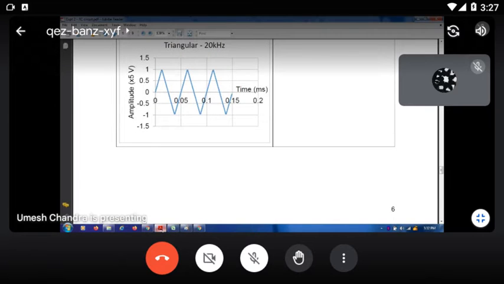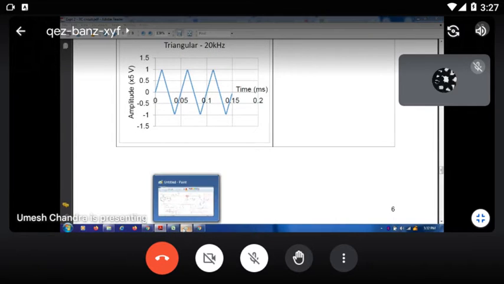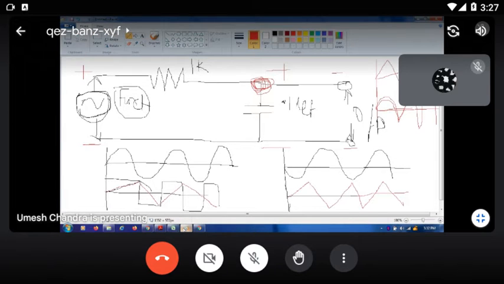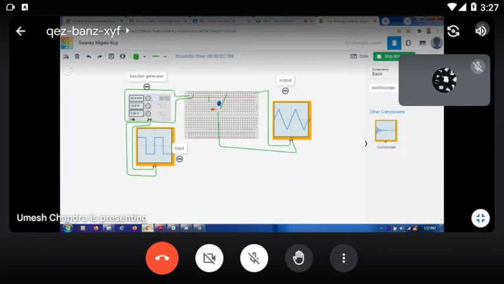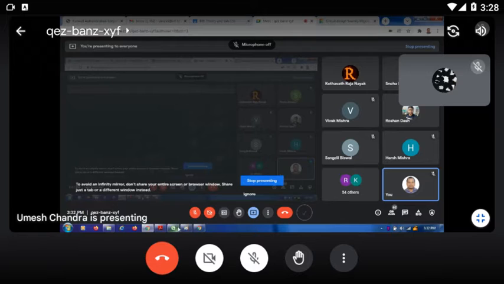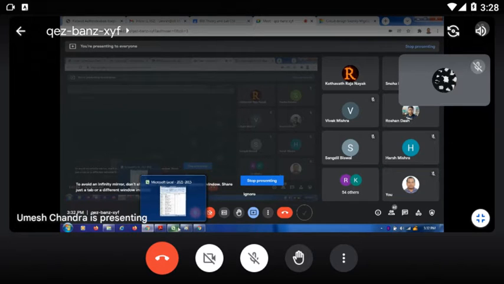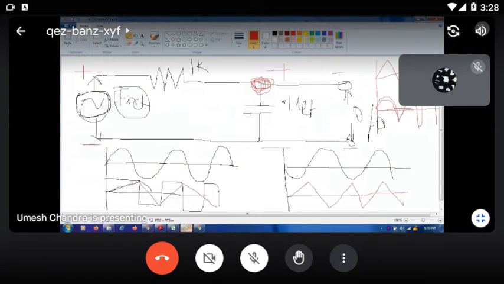This is the integrator circuit. And the differentiator circuit, just you remove. For the differentiator circuit, what will you do?